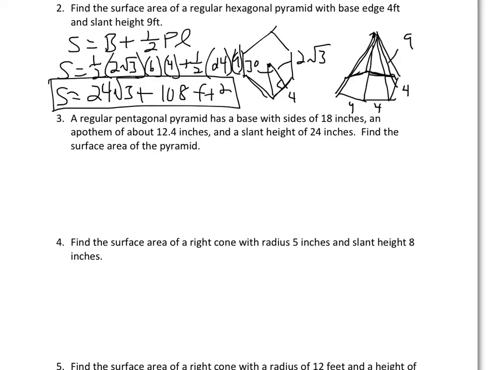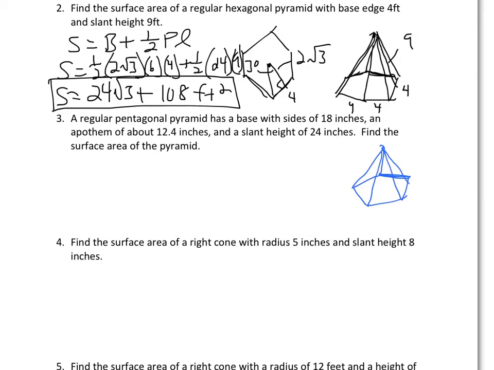Okay, number 3, like I said, another difficult one. All right, it's a regular pentagonal pyramid, which means that the base is a pentagon. So 1, 2, 3, 4, 5 sides. Draw the lines to all the vertices. That's not bad.